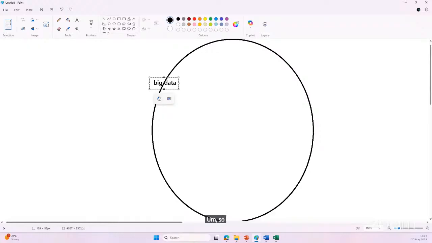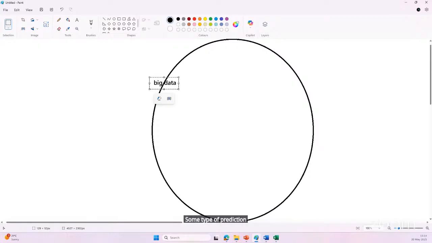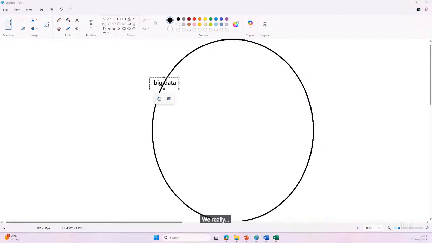Those are some of the methods that I would use to interrogate this big data. But without big data, AI cannot be trained, and AI cannot be asked to provide us with some type of prediction. Some people don't like the idea that my outer ring is big data, but honestly, without big data, we really have nothing.